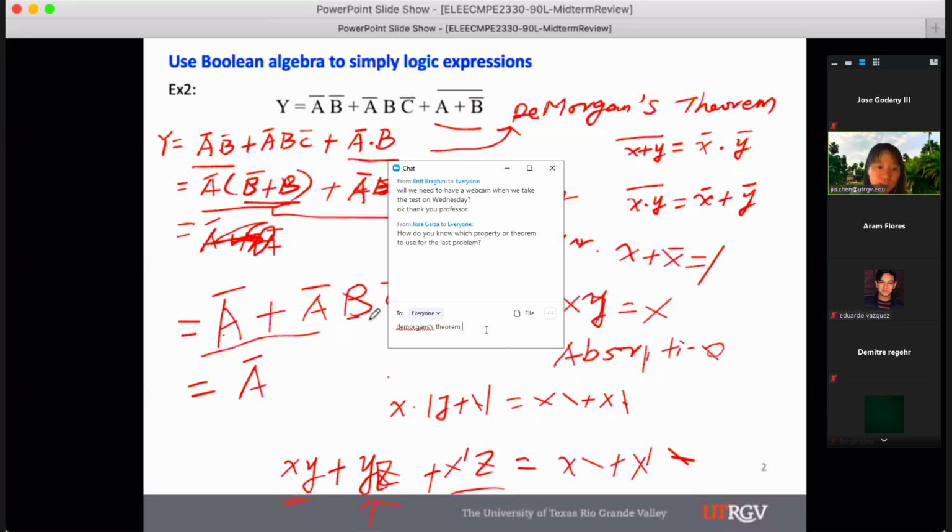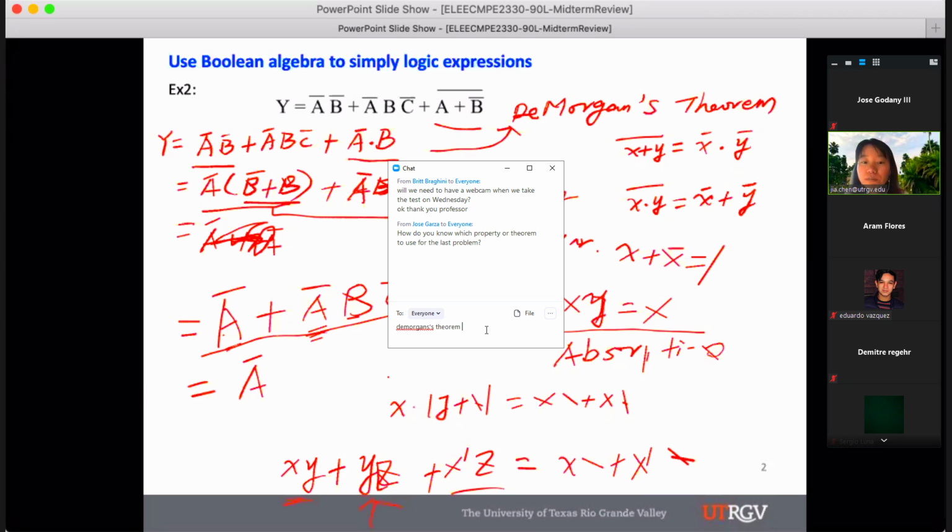When you see this, your mind should reflect absorption, because the key here is to find the similarity if you want to combine two terms. For example, here A naught is showing up in two terms. Then I'm thinking, with two same variables, which properties can I apply here? Then absorption I can apply.